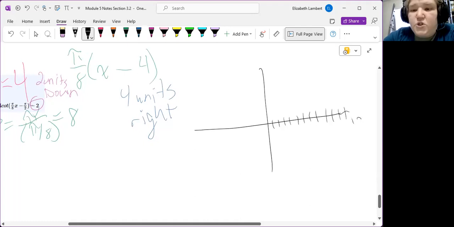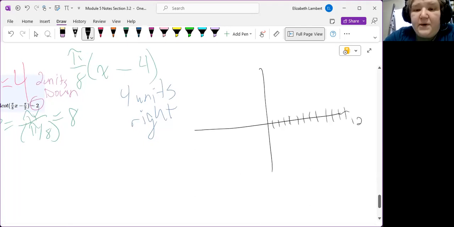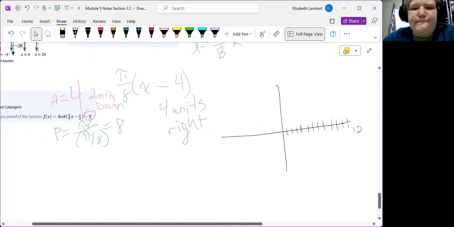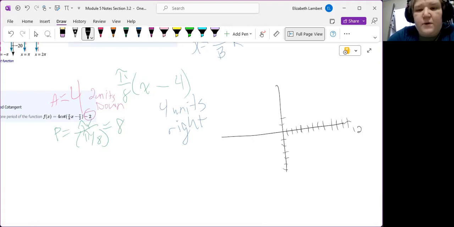All right, so that is 12 because our period is 8 units wide. So it's going to go from 4 to 12 for a period. And it's going to go 2 units down. And then from that, we have to count our amplitude. So it'll be another 4 units down. Then from our 2 down, 1, 2, 3, 4, up.